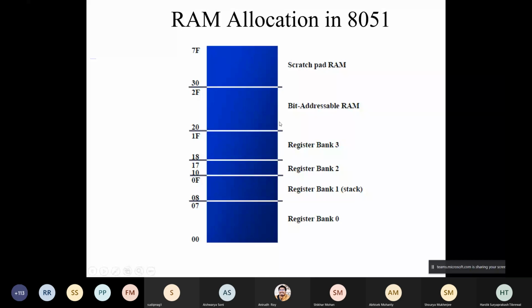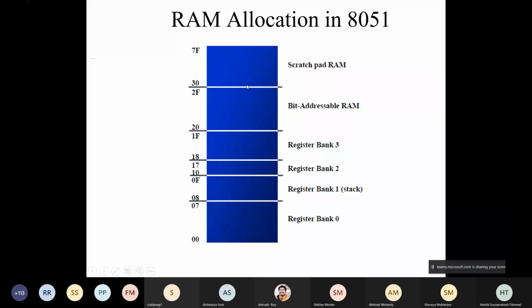Whereas that facility is not available in registers, nor in the normal scratchpad RAM. Scratchpad RAM means every location must be addressed with all 8 bits together. So you cannot change the D7 bit while retaining the other bits. You have to consider all 8 bits simultaneously; a group operation is compulsory.